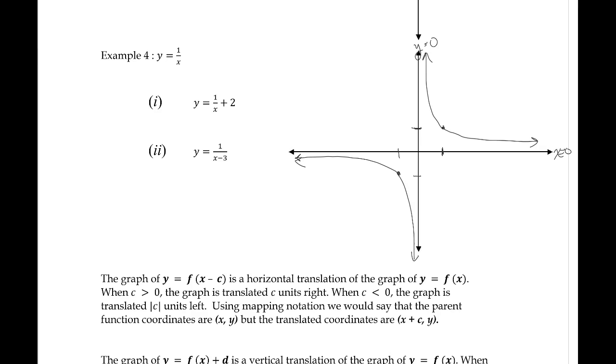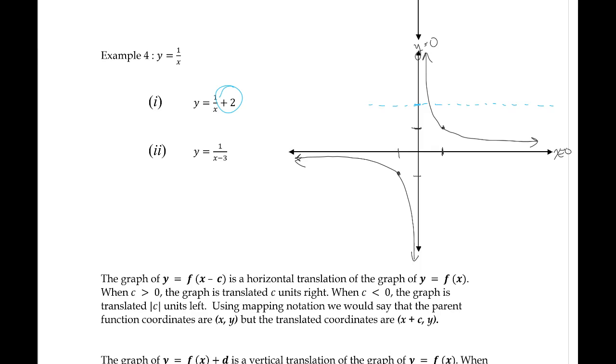Okay, so that's my parent function. Once I've got my parent function, then I can look at my translation. So +2 means that instead of x equals 0 as an asymptote, I'm going to be at x equals 2 as my asymptote.